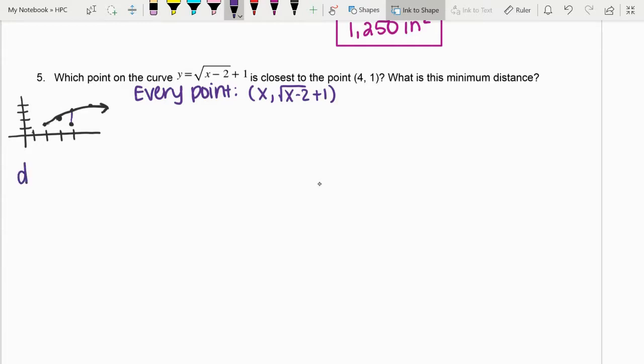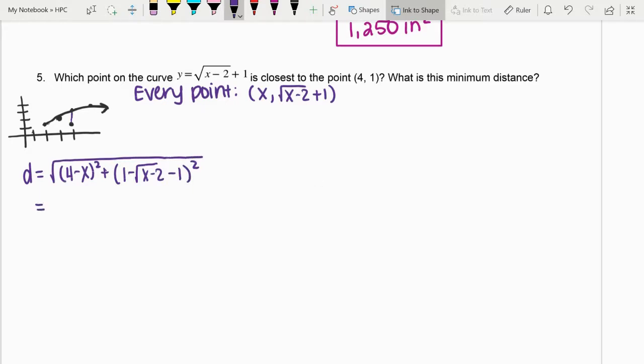So distance is going to be equal to the square root. So let's take that first point. So I'm going to have (4 minus x) squared plus (1 minus the square root of x minus 2 minus 1) squared.